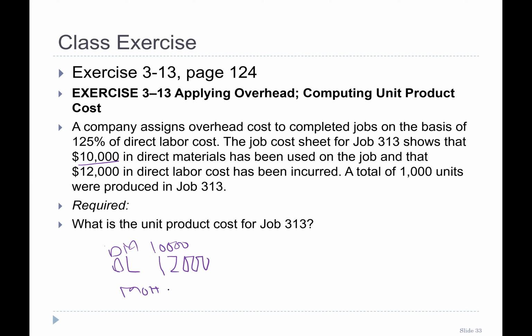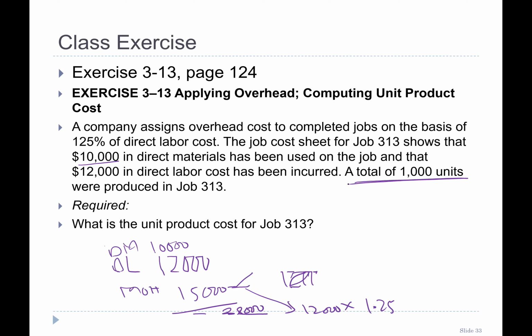While the manufacturing overhead is 15,000. How? Because it is calculated as 125% of the direct labor. Answer is 38,000.